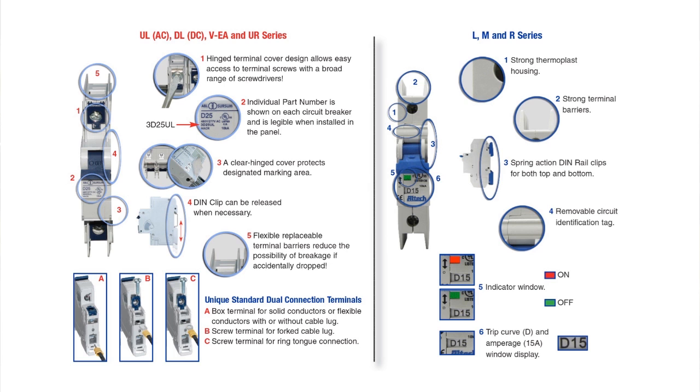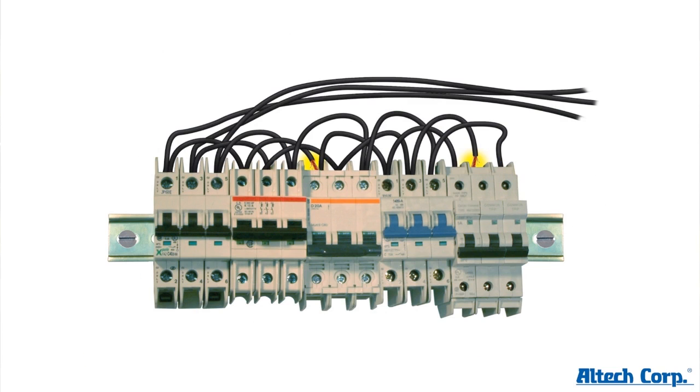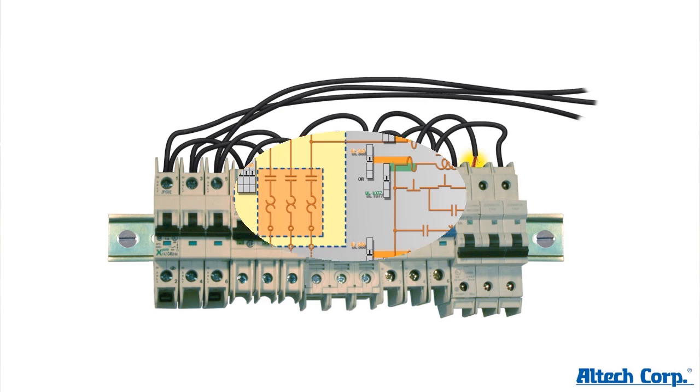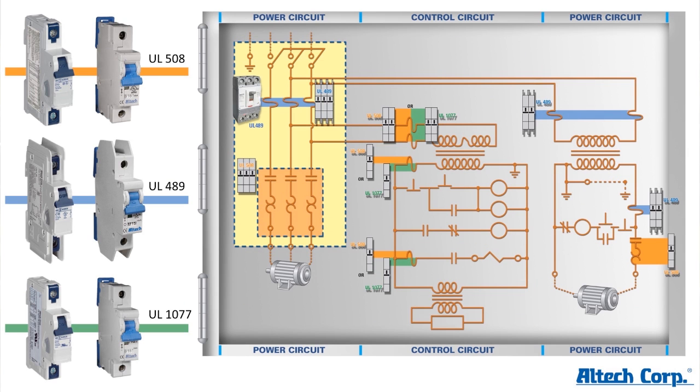But then UL was telling us we need to make sure that they can be switched with. So we essentially used all the requirements out of 508, which are much more stringent. And again, don't confuse 508 with 508A.